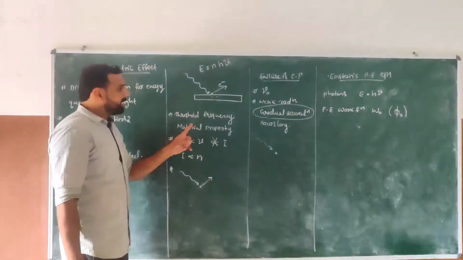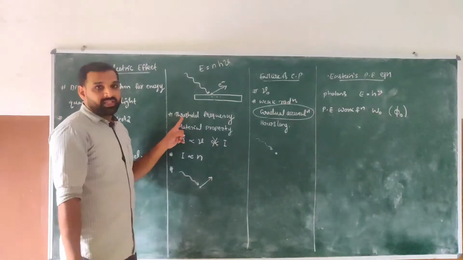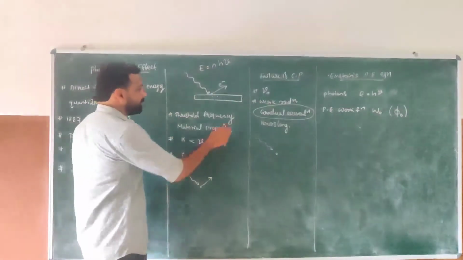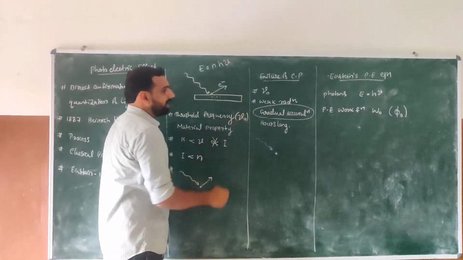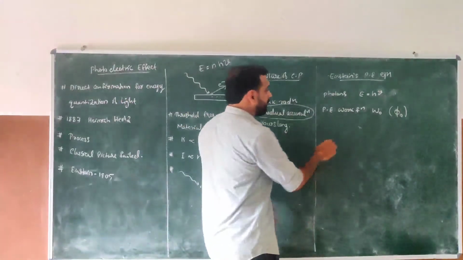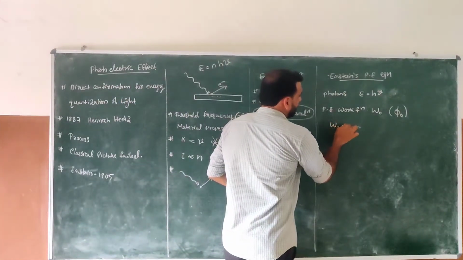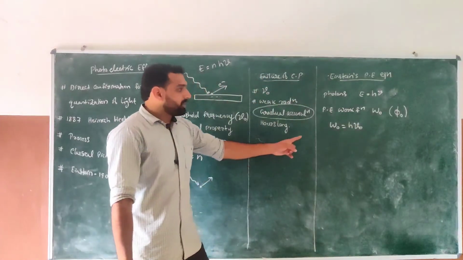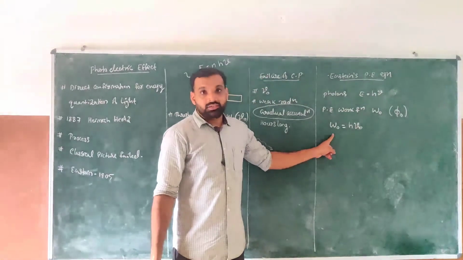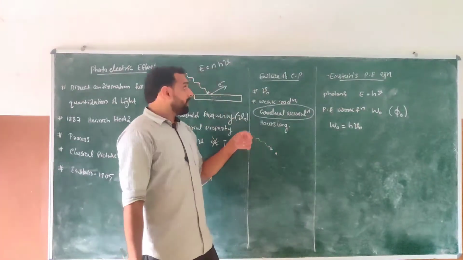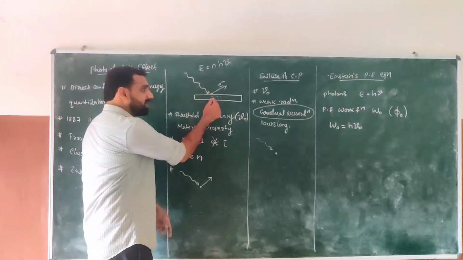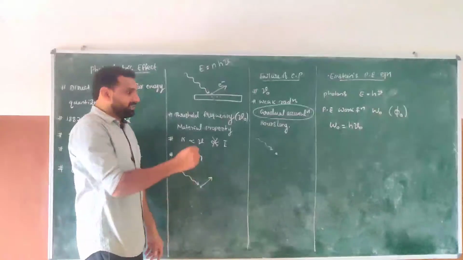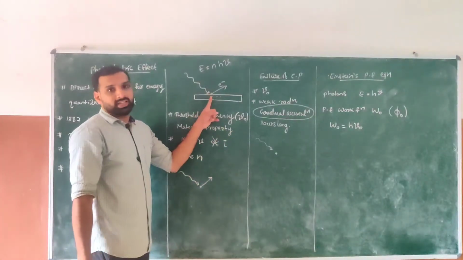We know that the minimum frequency, the threshold frequency, is nu 0. From this we can obtain a formula for work function. W0 will be h nu 0. So h nu 0 is the work function, the minimum energy required by the incident radiation to just eject the electron, that is, with zero kinetic energy.